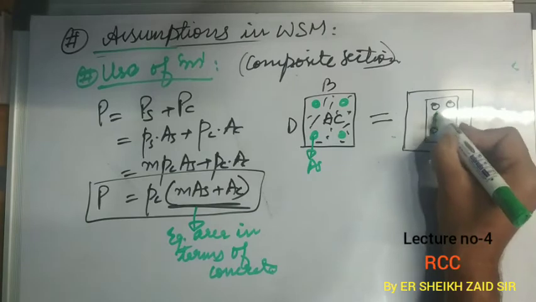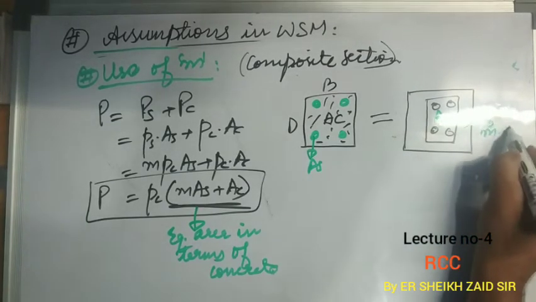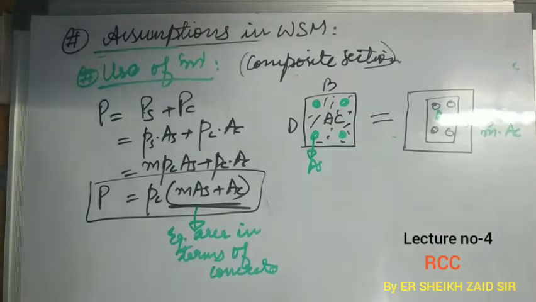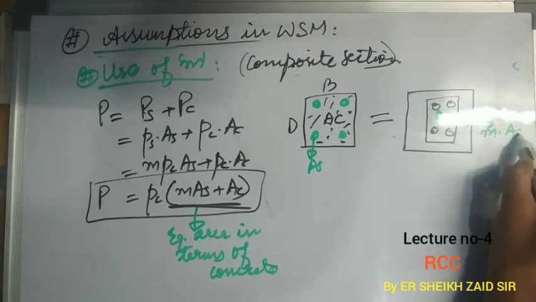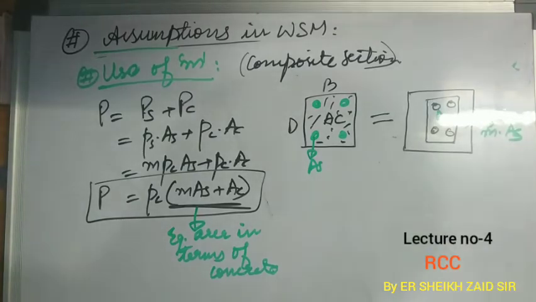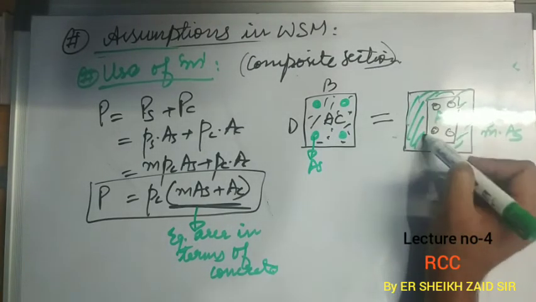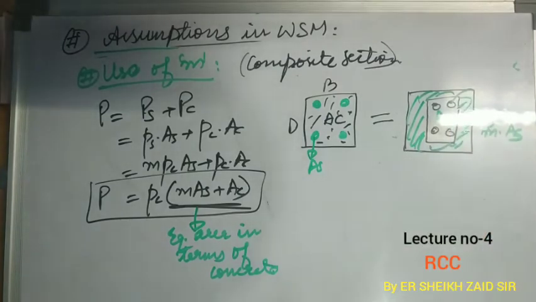This hole is AC and this is M into AS. So this is the main function of modular ratio.